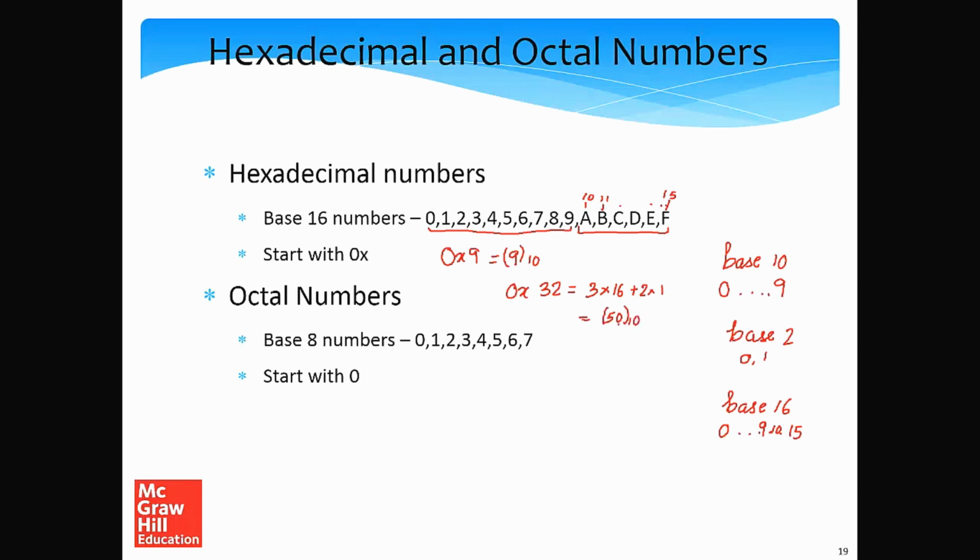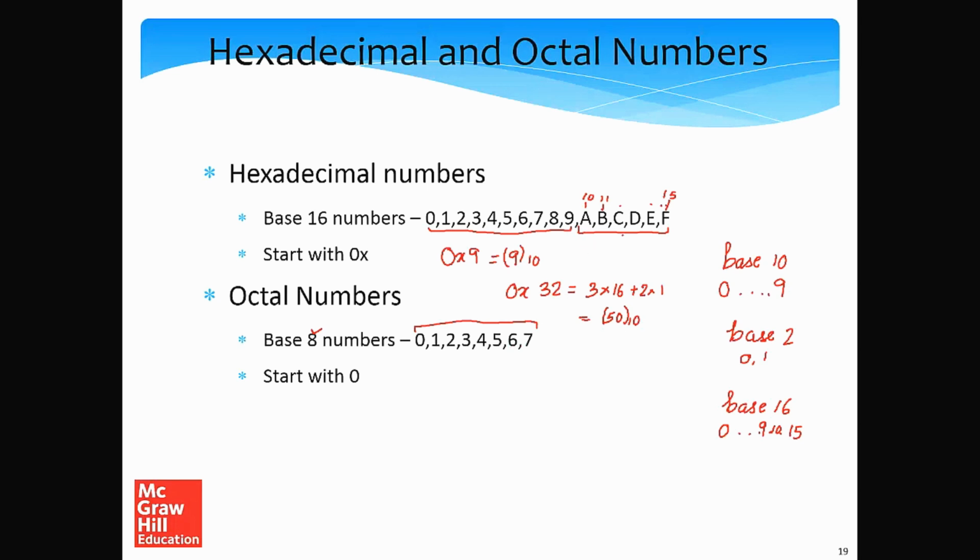I would like to request the reader at this point of time to take as many numbers as he or she wants and convert them to base 16 and to any base of their choice and just see how this works out. Similarly, we can have octal numbers. An octal number is in base 8, and here we will have 8 digits, 0 to 7, which is fine.